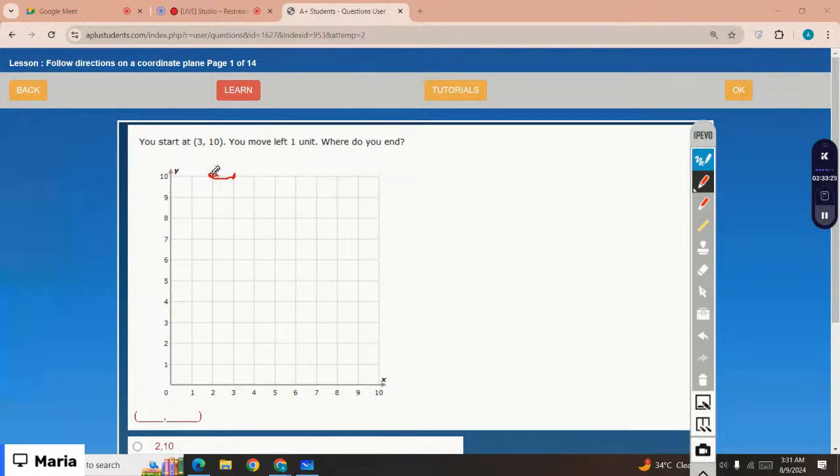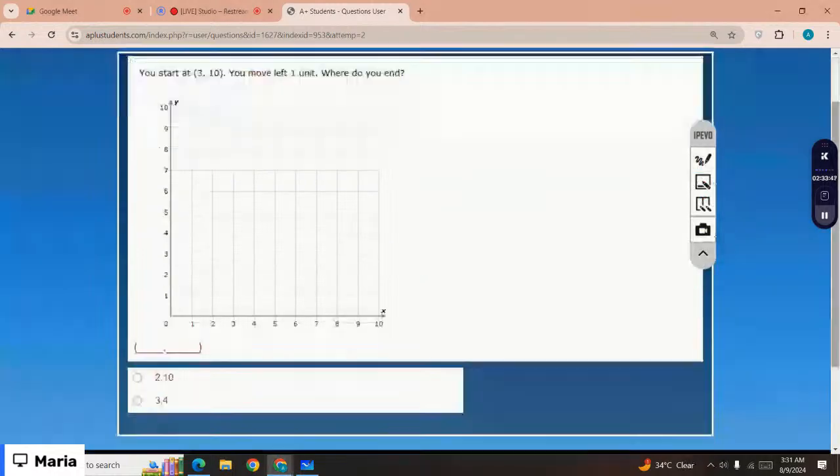Basically, you have to find the coordinates of this point. Now look at the x-axis, that is 2, and y that is 10. So the correct option for the new point is 2 and 10. Option number 1 is the correct option.